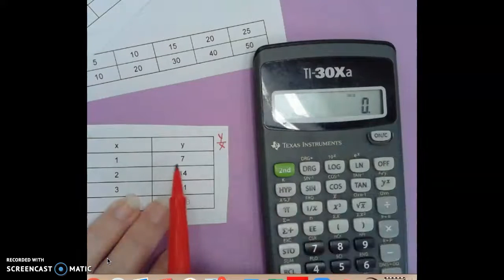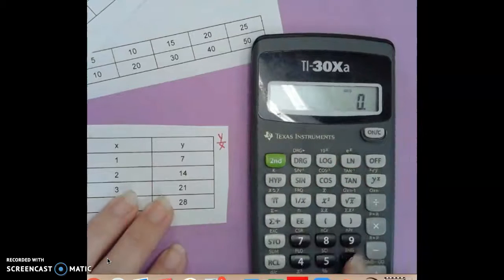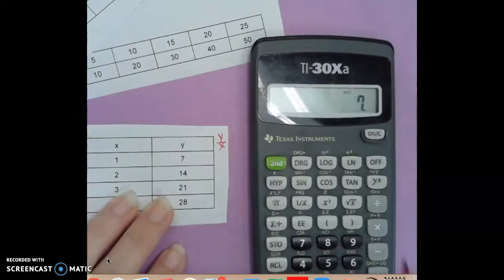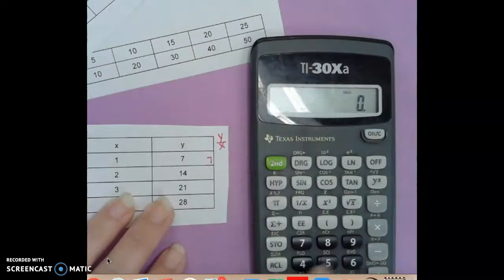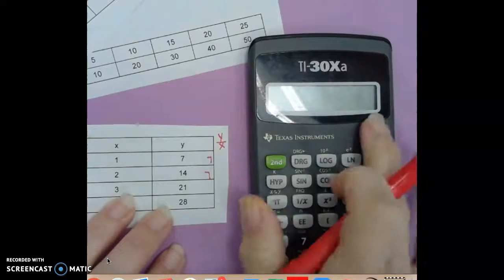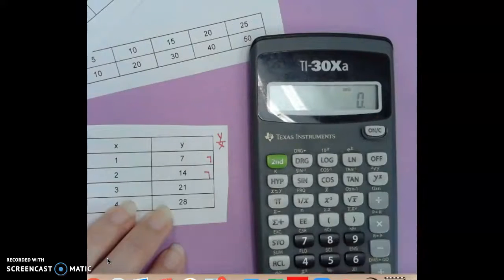So if I do 7 divided by 1, I'm obviously going to get 7. So now 14 divided by 2, and I'm going to get 7. I'm going to do all of these. So 21 divided by 3, and I get 7.